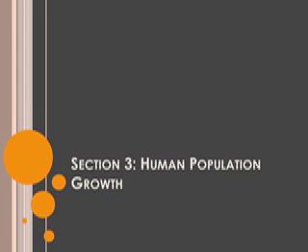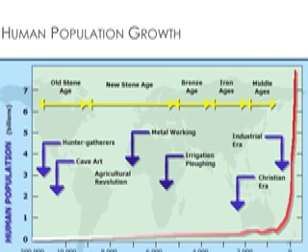Like I talked about earlier, the human race is growing at an exponential rate currently. The size of the human population tends to increase with time. For most of human existence, the population grew slowly. But about 500 years ago, the population began growing faster. Agriculture and later industry made foods more available.